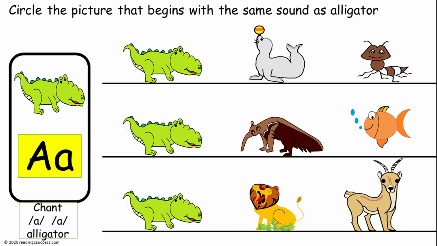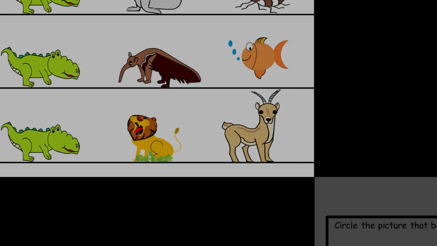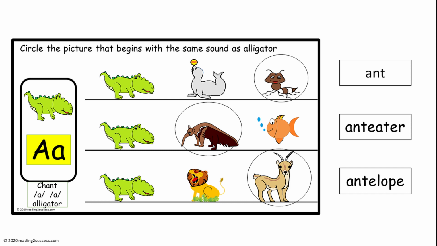And our last row has a lion and an antelope. So is it lion or antelope? And hopefully they circle the antelope. This is the completed activity.